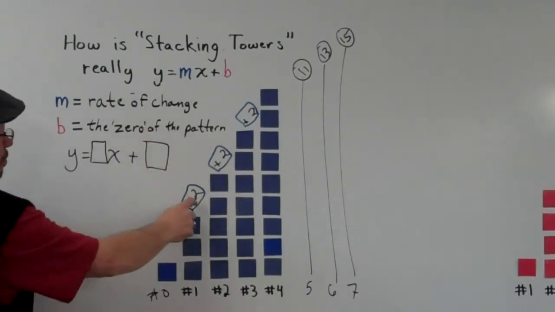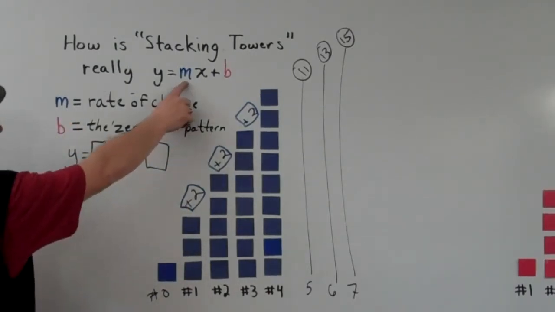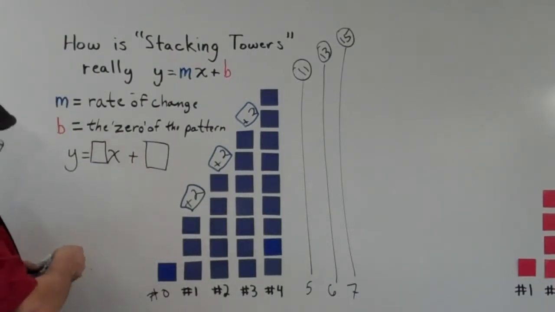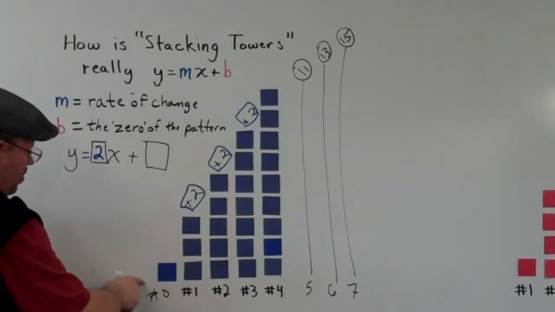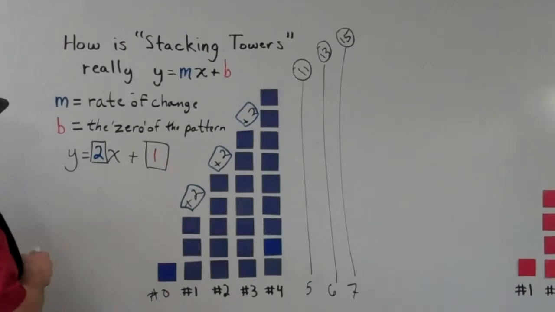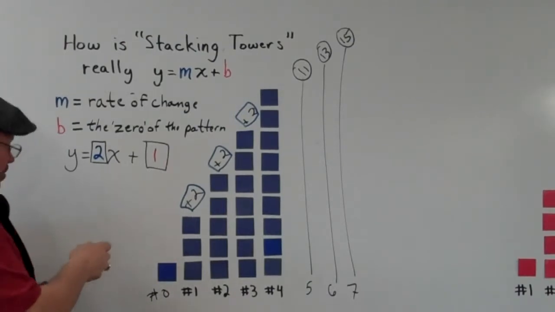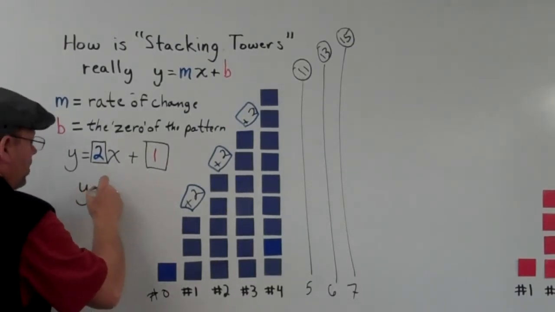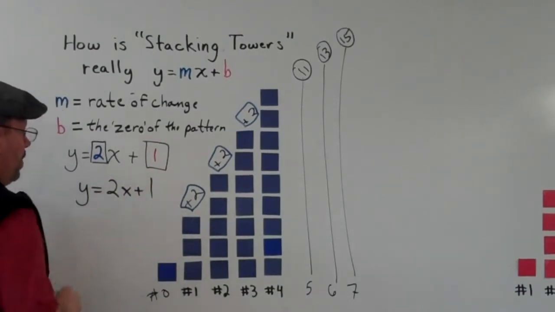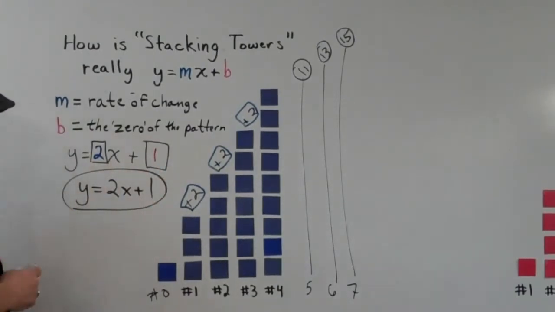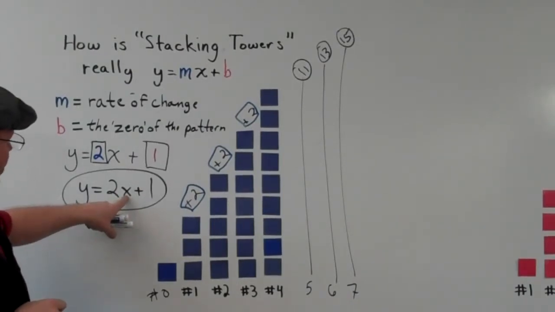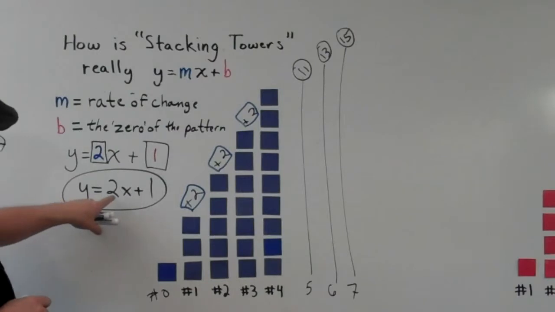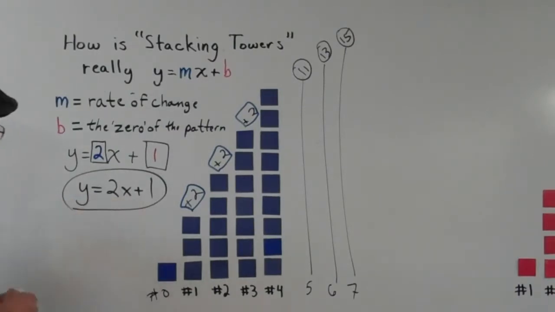We take that rate of change, instead of m, we put into the equation 2. Then we take the height from our 0 tower and put into the equation 1. This pattern has a very unique equation that goes along with it, and it tells us that we can find the height of any tower, y, given the tower number, x.